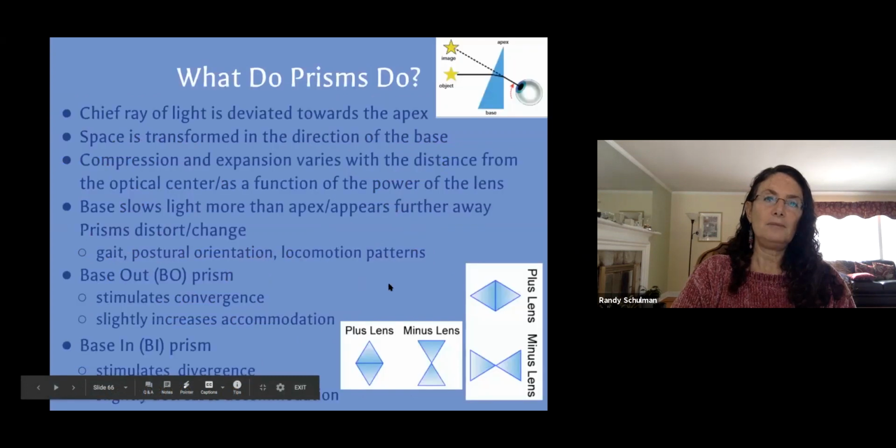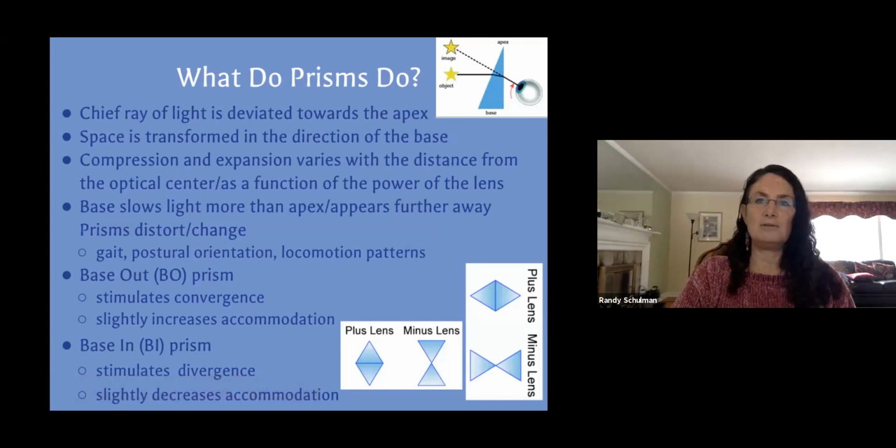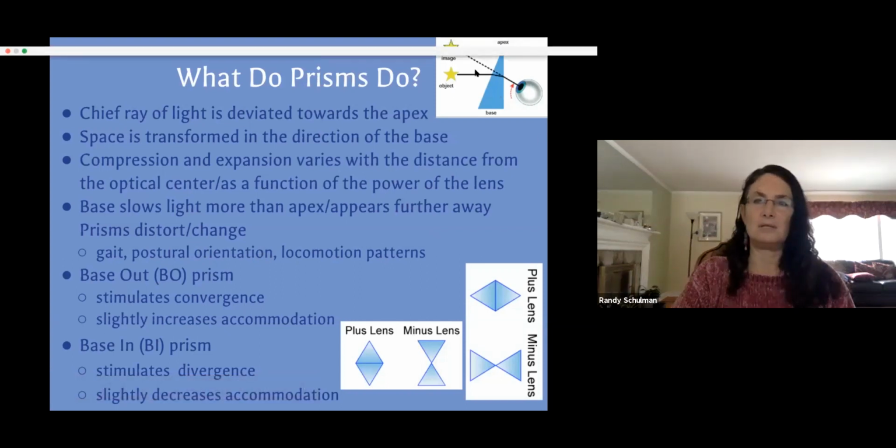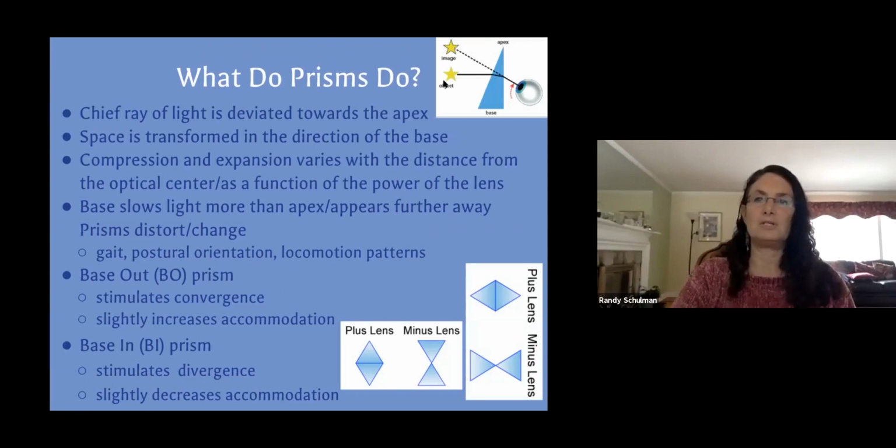Let's talk a little bit more about prisms. And this is interesting too. We all know that it's going to displace the image or the object, and you'll see the image closer to the apex. The base will move it. So there's a transformation in the direction of the base, if that makes sense.